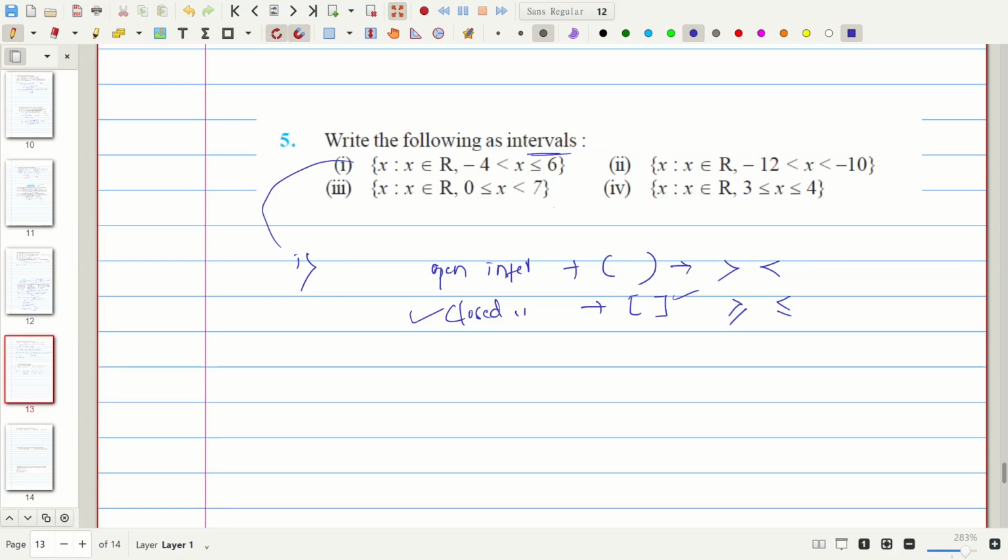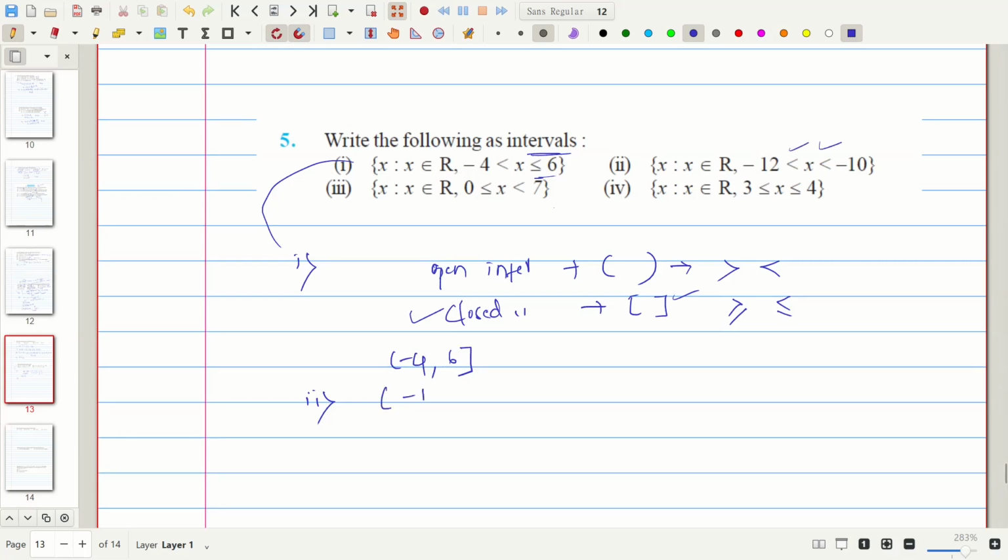So now we can express in interval form. Minus 4 is an open interval, and here, where less than or equal to is given, it is closed. Okay, next, the second one: here it is open and here it is also open.